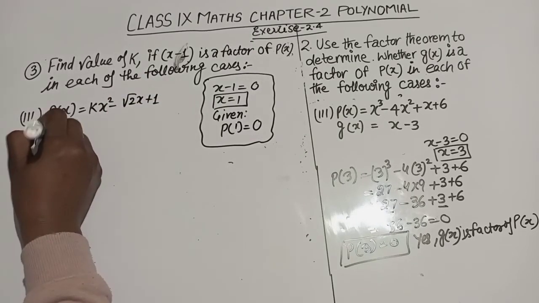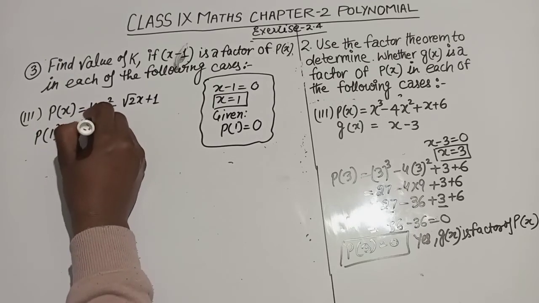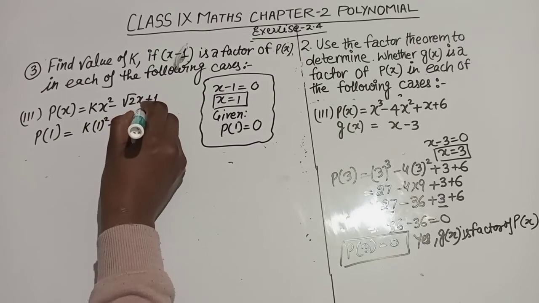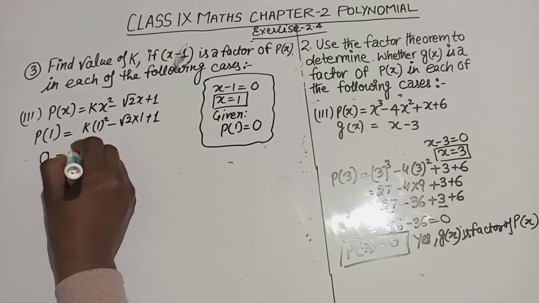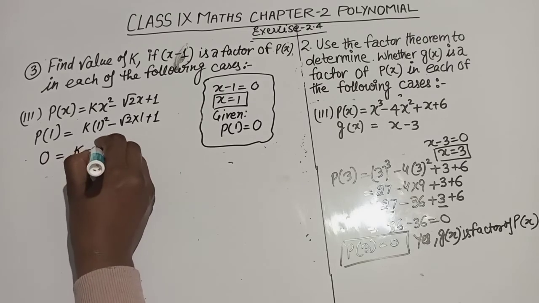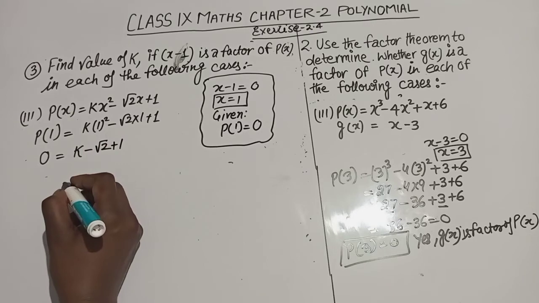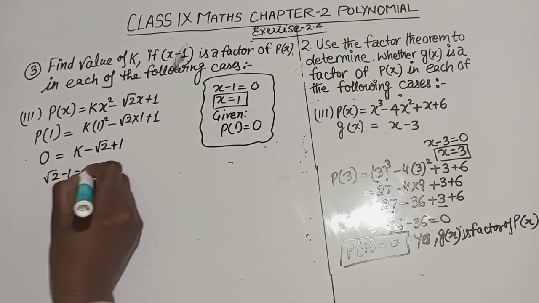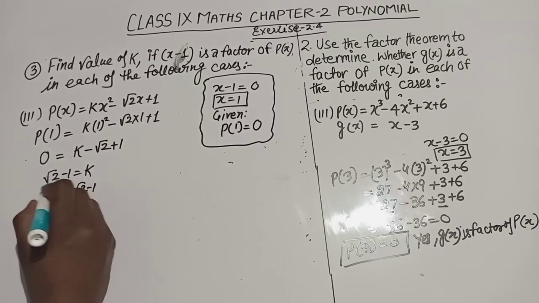It means p1 is equal to k into 1 squared minus root 2 into 1 plus 1. So p1 is equal to 0. So k minus root 2 plus 1, keep k as it is, take root 2 to the other side, and minus 1. It means k is equal to root 2 minus 1.